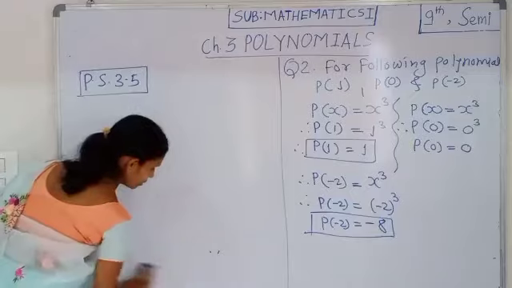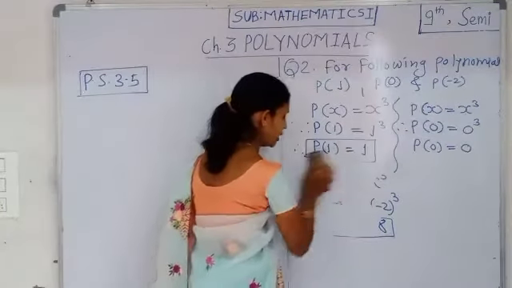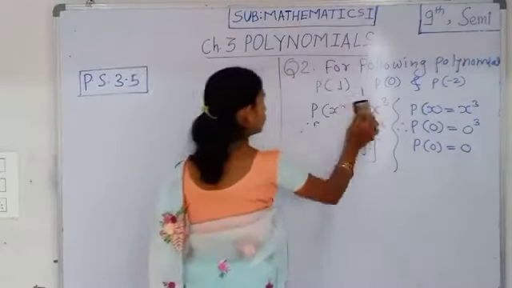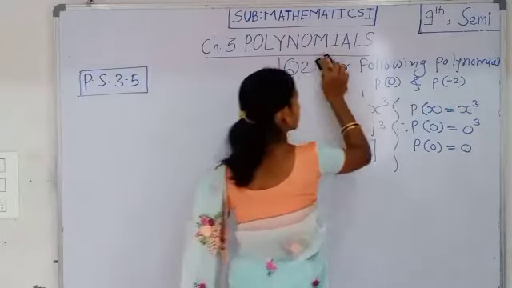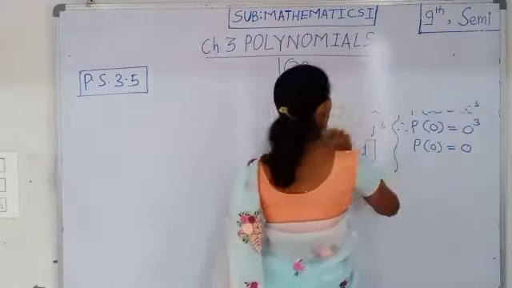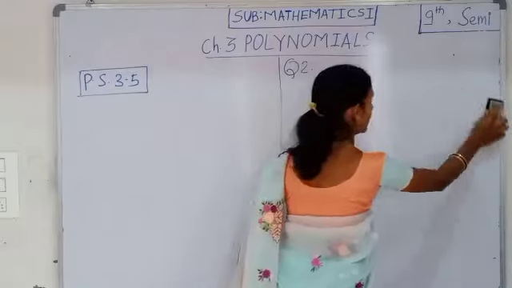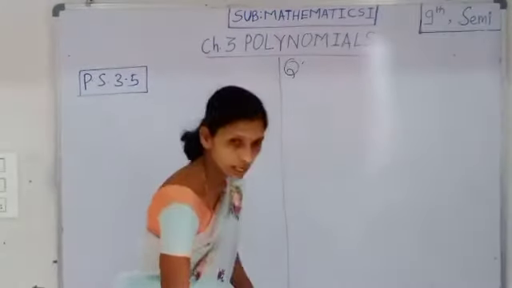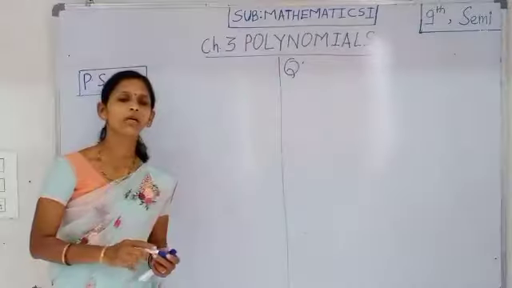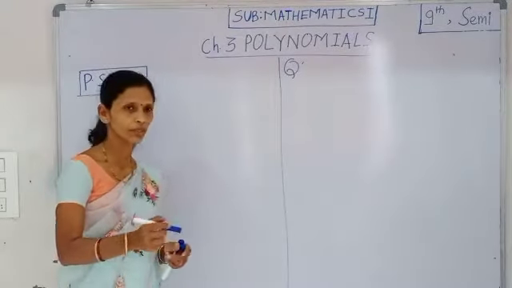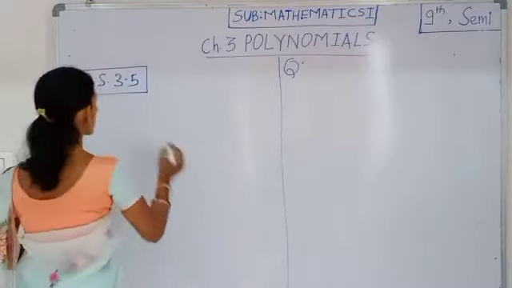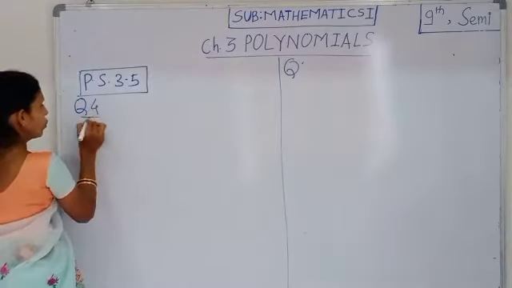That is about the examples given in question number 1 and question number 2 from practice set 3.5. Now we will solve a few examples from practice set 3.5 based on the remainder theorem and factor theorem. We will solve question number 4.